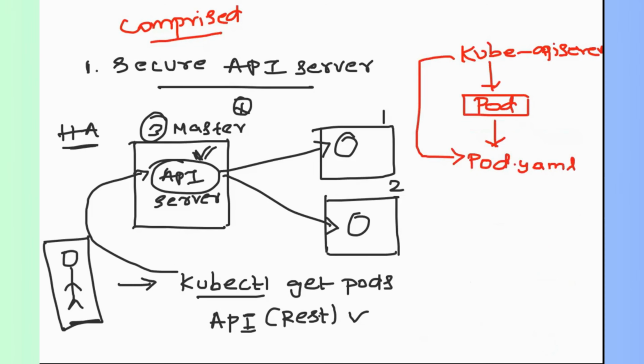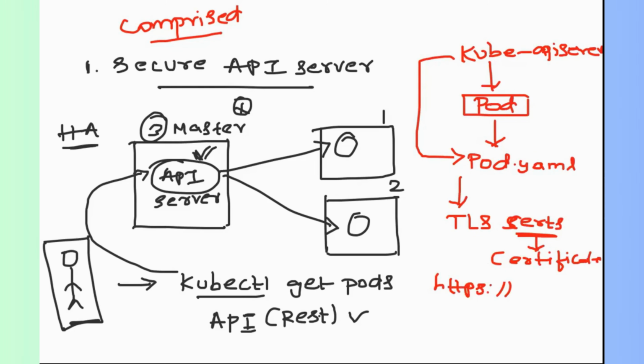As a DevOps engineer, you will secure your Kubernetes API server with TLS certs. What are TLS certs? They are nothing but your TLS certificates. For a very basic understanding, if you go to https://google.com, you will see a lock symbol beside the address in the browser.